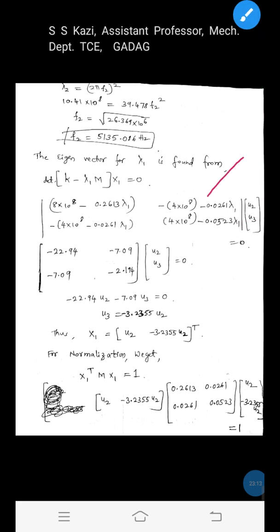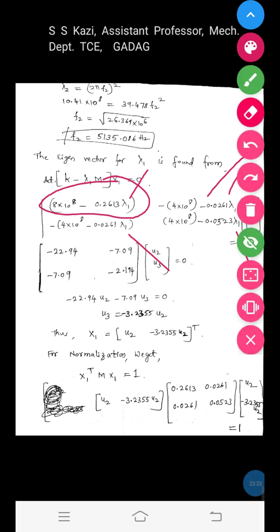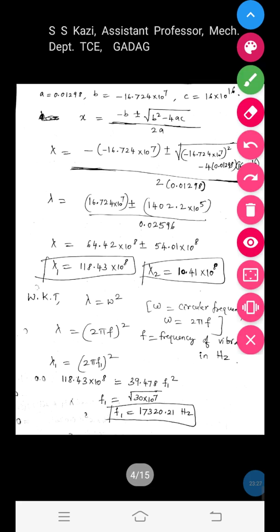Once you write this, you calculate all these terms by substituting for lambda 1. Already we got lambda 1 as 118.43 into 10 raised to 8.